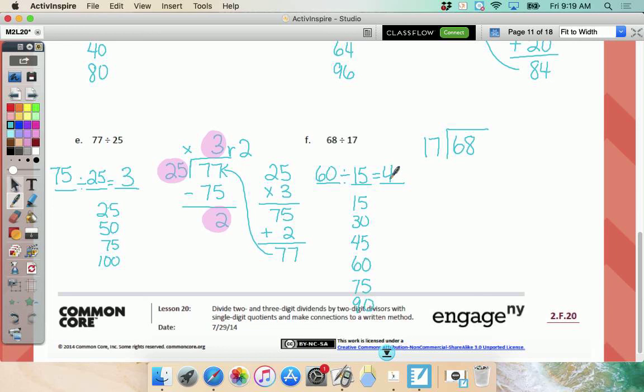Look up here. You can't just write 4 and then write 60. Why? Because my divisor is 17, not 15. So if you write the 60 there, you're going to get the problem wrong. You have to go over here and take 17 by 4.